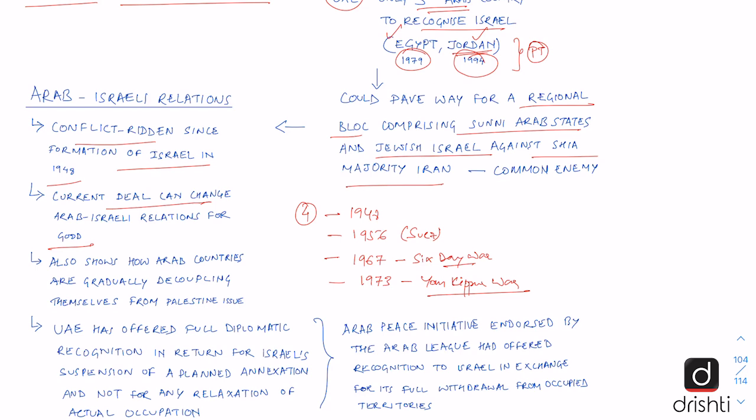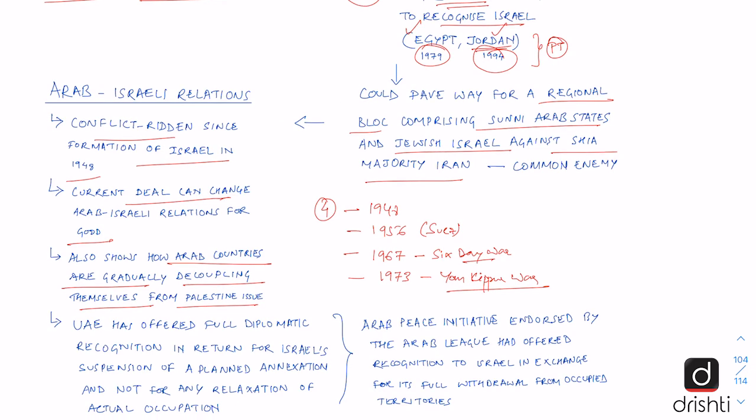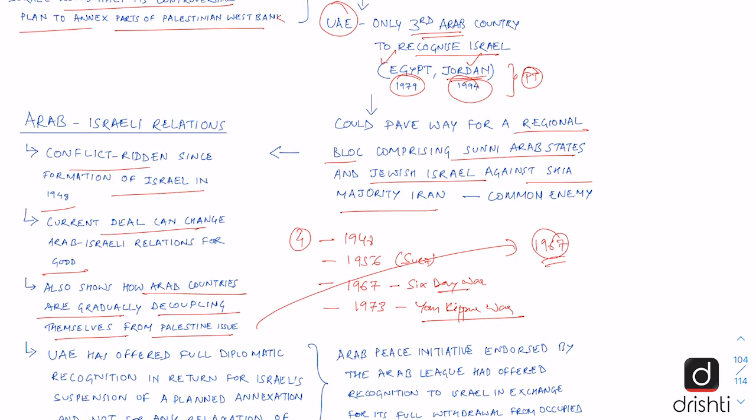And it also shows how the Arab countries are now gradually decoupling themselves from the Palestine issue. And here another interesting thing to note is that in 1967, after the end of the Six-Day War, where Israel emerged victorious and occupied territories from all the other countries, the Arab countries met at Khartoum in Sudan and they decided on the famous 3 no's.